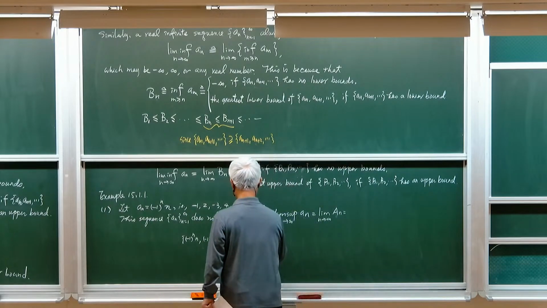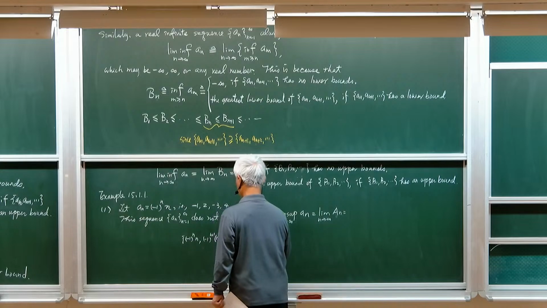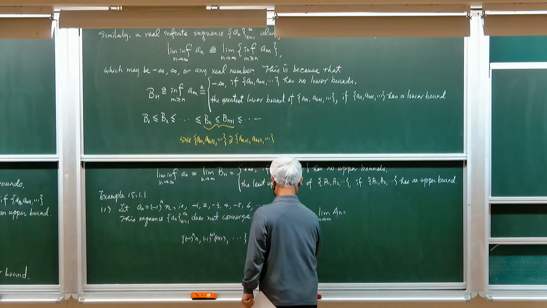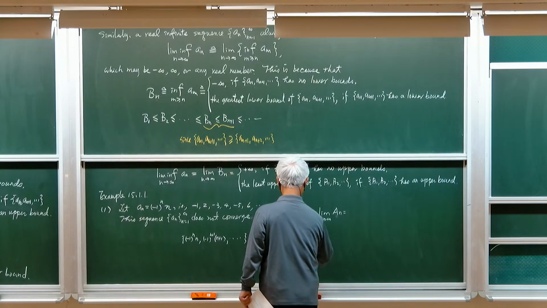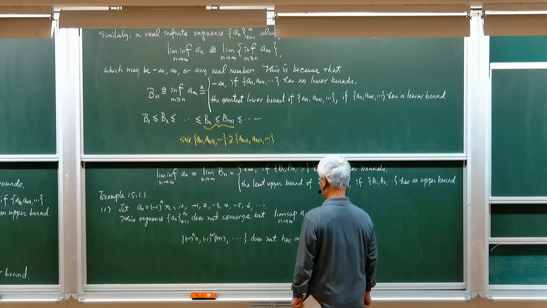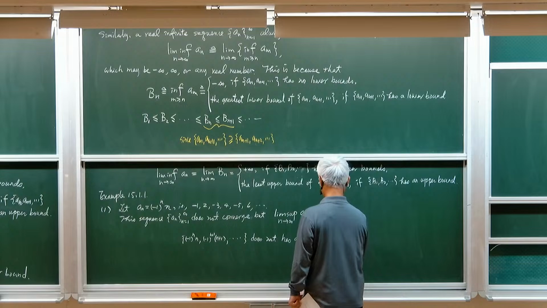This set does not have an upper bound. Why?